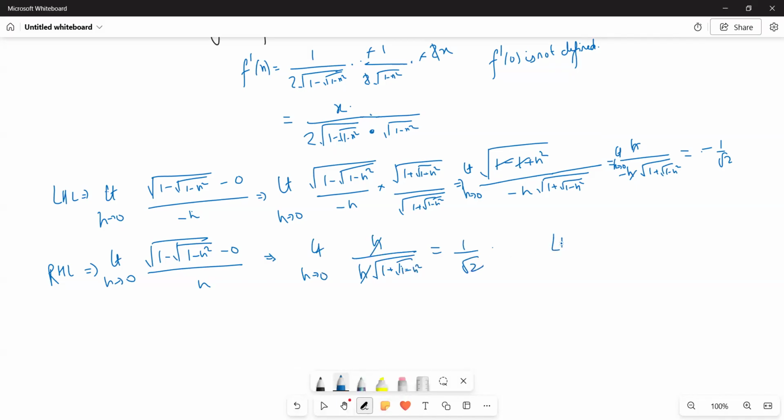So we have the left hand derivative is not equal to the right hand derivative. Therefore, the function is non-differentiable.